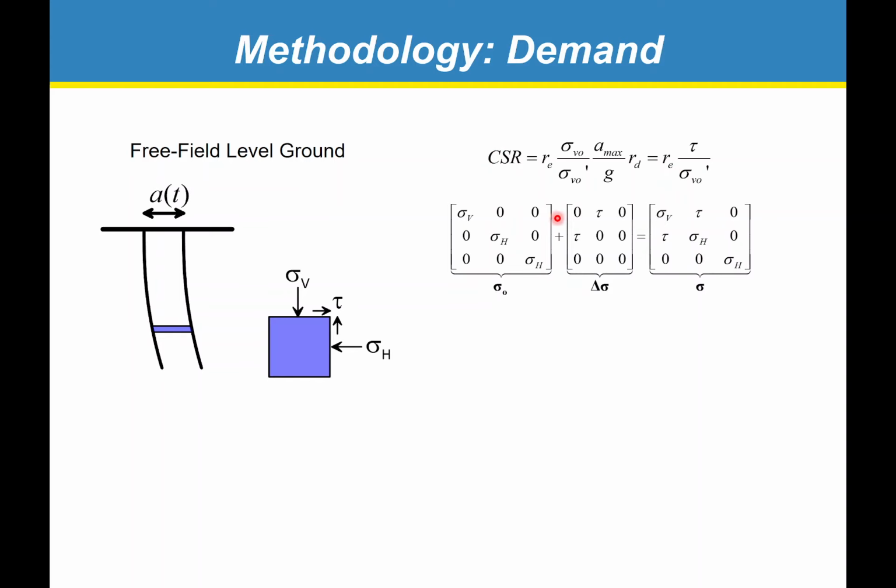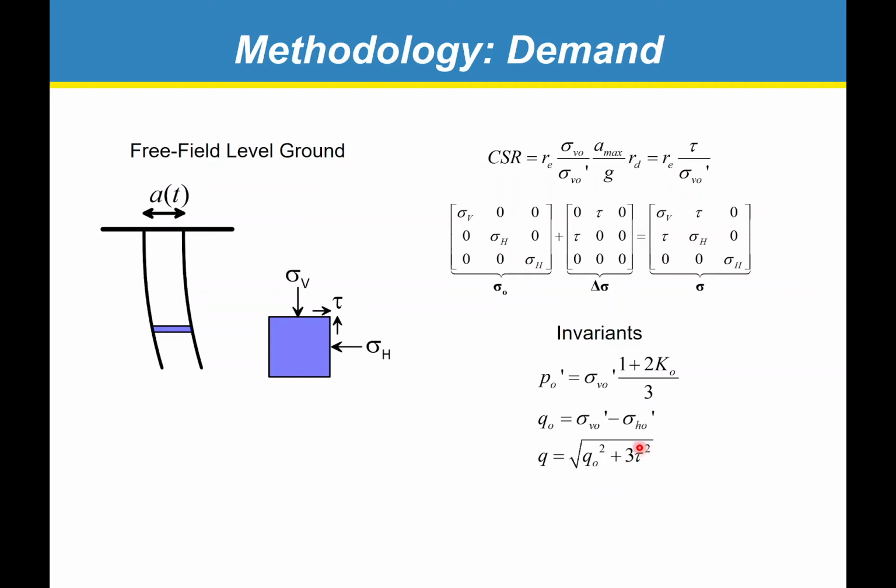These are our stress tensors for this loading condition. We can compute the invariants, right? So P naught prime is simply sigma V naught prime times (1 plus 2 K naught) over 3. Q naught is just the difference between the vertical and horizontal initial principal stresses. This is the initial deviatoric stress invariant. And then if you solve for the eigenvalues of this stress tensor over here on the right, you can show that Q, the deviatoric stress invariant, is equal to the simple quantity here in terms of tau.